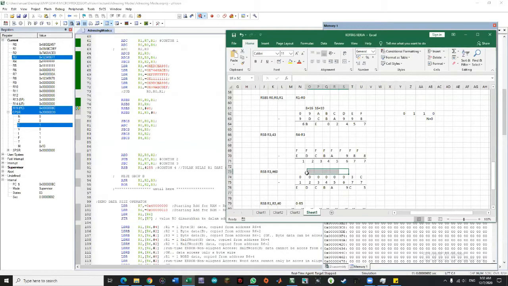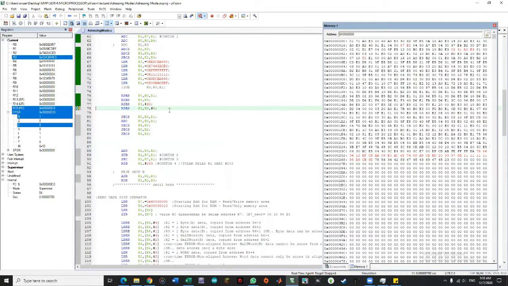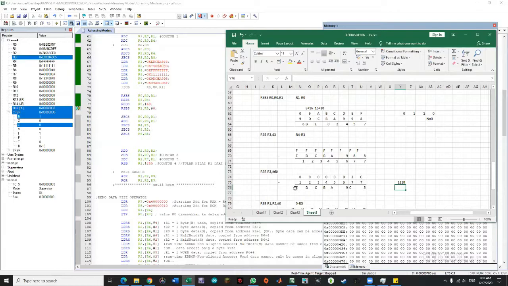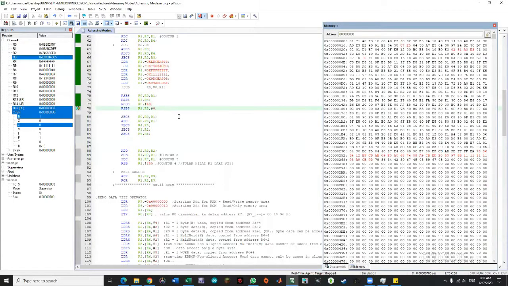So that's why all these values are 15 and the result is here. So this is E. E is 1110. It means that my N will be updated here to 1. Let's play. So as expected, the result is the same.